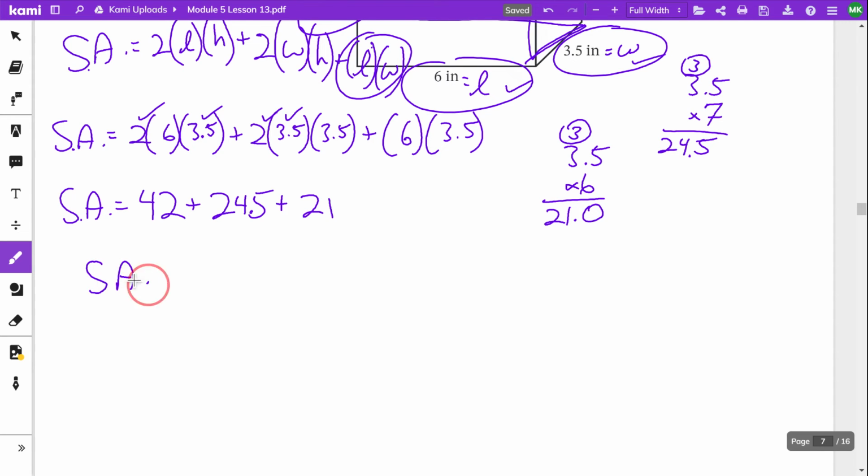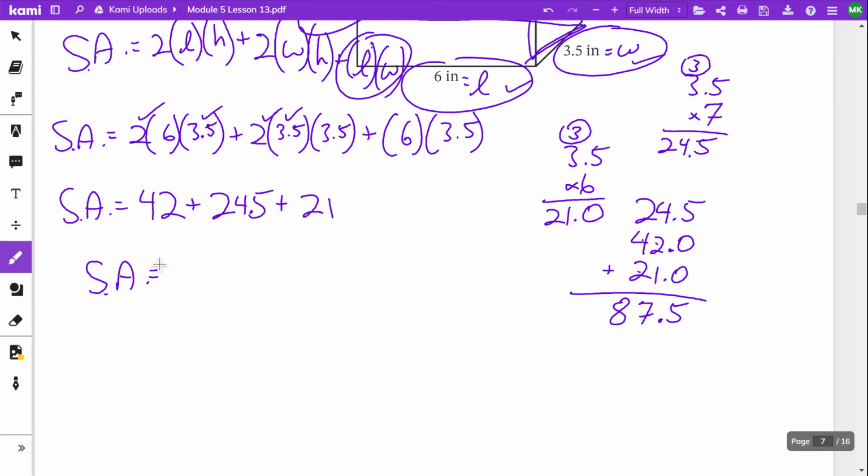Let's add them up. Okay, so 24.5 and 42. I'll put a 0.0, and a 21, and I'll put a 0.0, just to keep everything together. There's a 4, 5, 6, 7, and then a 6, 7, and an 8. There it is. So 87.5 units or inches, and it's squared, right?